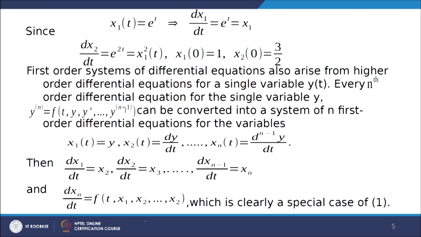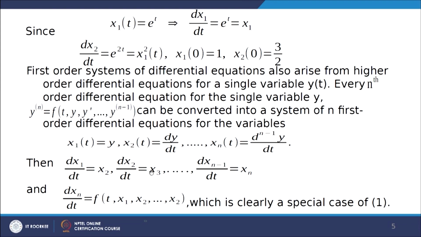Now, what we do is we will convert this nth order differential equation to a system of differential equations of first order. So, let us write x1(t) equal to y, x2(t) equal to dy/dt, and so on, xn(t) equal to the (n minus 1)th derivative of y with respect to t. Then from here we can see that dx1/dt will be equal to dy/dt, and dy/dt is x2. So, dx1/dt is equal to x2, dx2/dt will be the second derivative of y, which is x3.